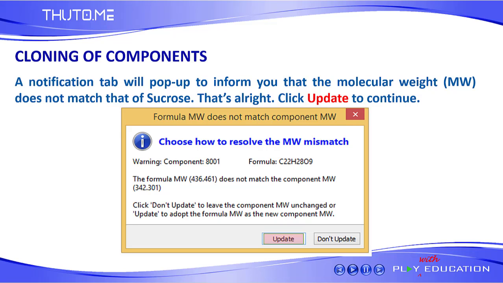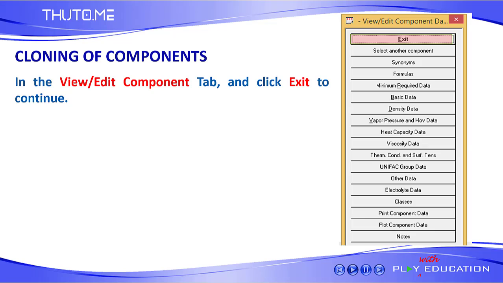A notification tab will pop up as you click OK to inform you that the molecular weight does not match that of sucrose. Remember, we have changed the molecular formula, so therefore the molecular weight will change. That's all right. Remember, that's what we specifically wanted to change. Click Update to continue. In the View or Edit Component tab, click Exit, because we are now finished with all the editing that we needed to do.